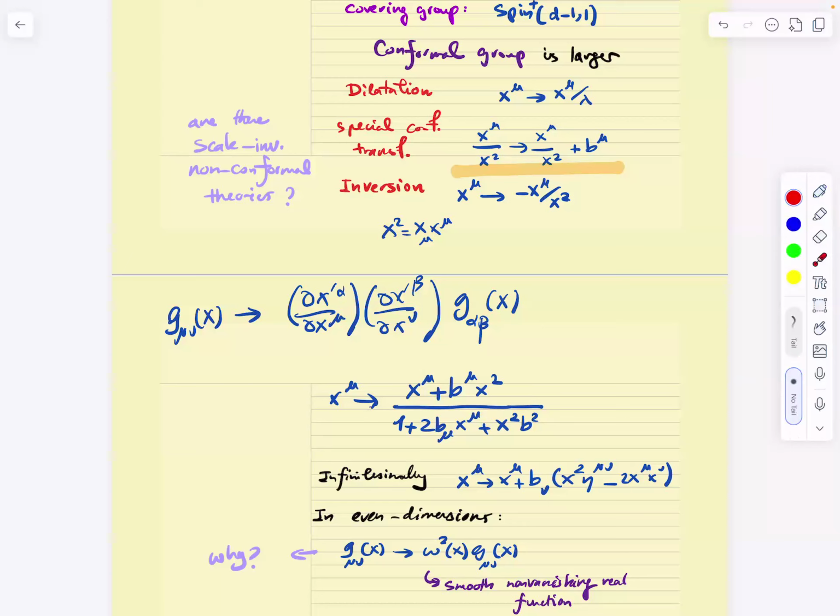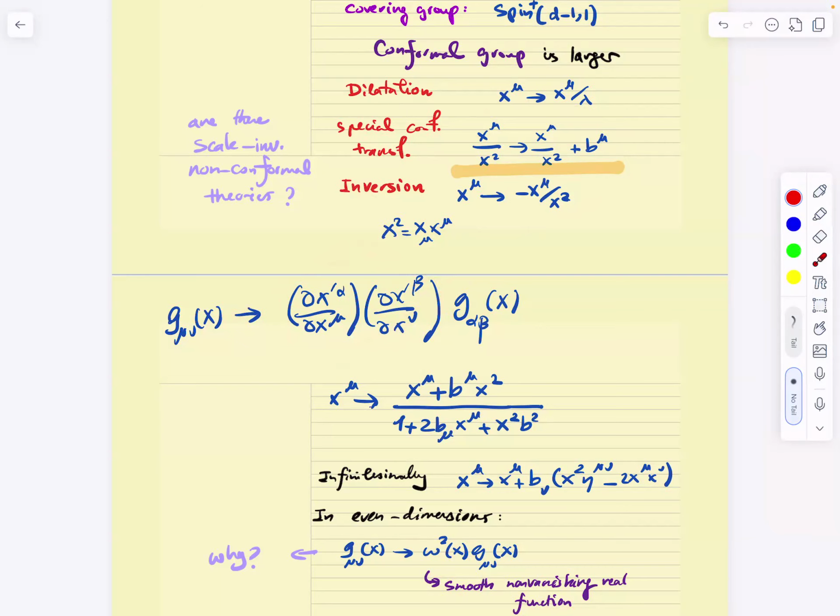If you require that this is just a smooth, non-vanishing, real function of x, you could show that these transformations will have the property that once you plug them in, this factor becomes some smooth non-vanishing real function.